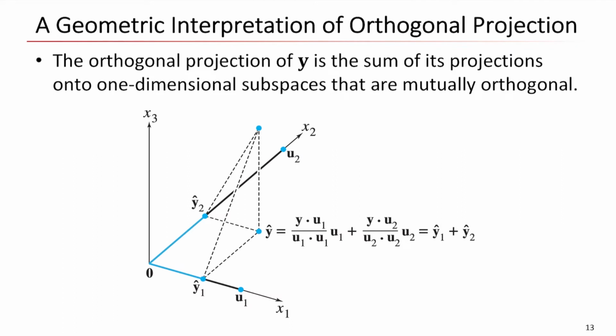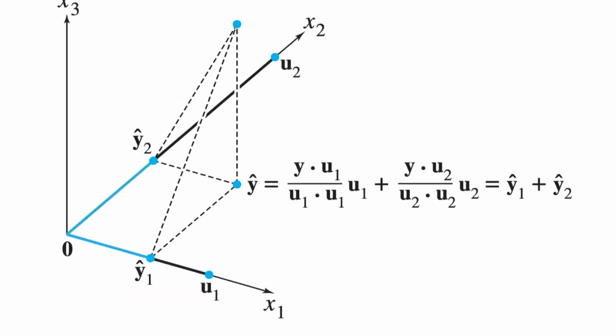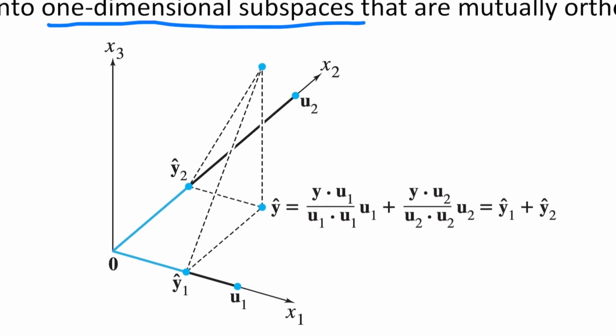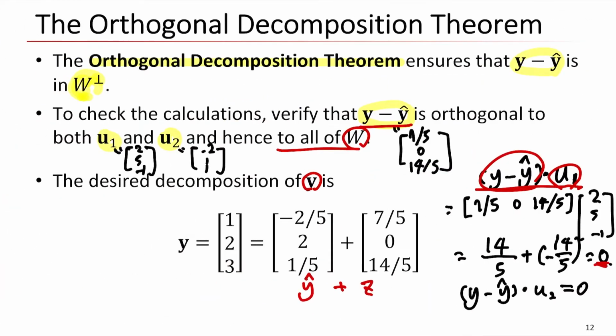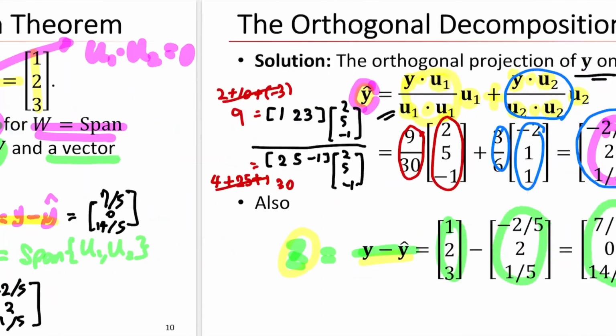Okay, so let me show the geometric interpretation of the orthogonal projection. Orthogonal projection of y is the sum of each projection onto the one-dimensional subspaces that are mutually orthogonal. So what does it mean? Let's say there is a vector u1 and vector u2, something like this, right?